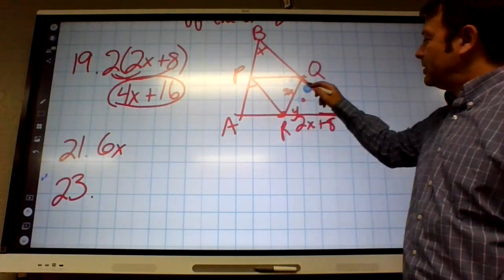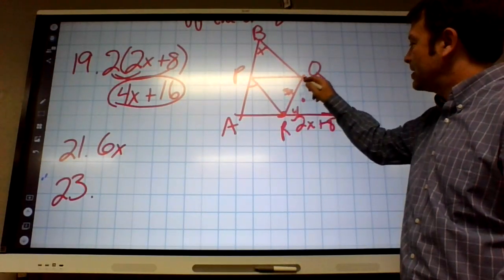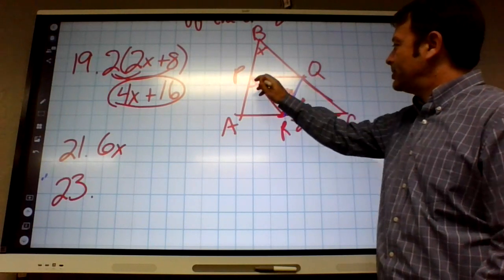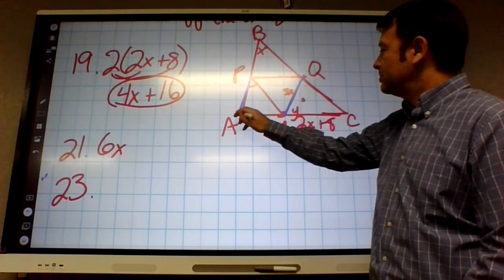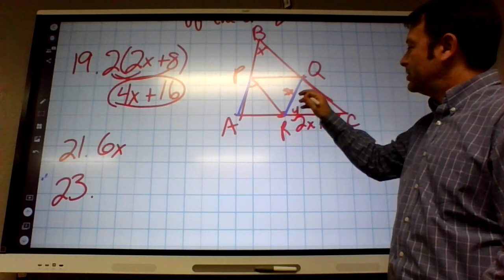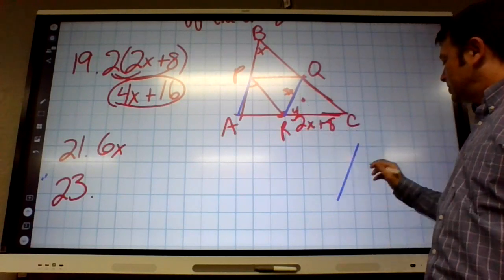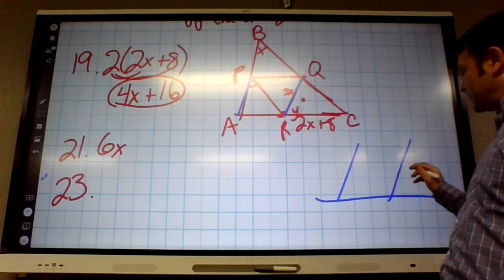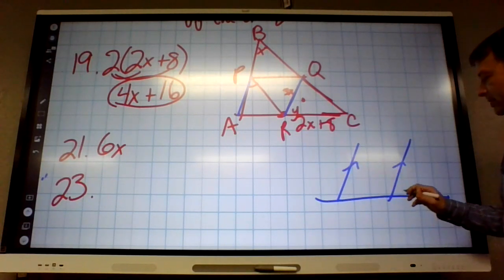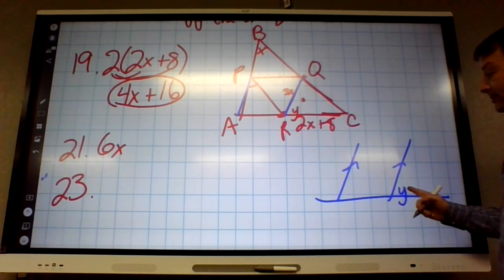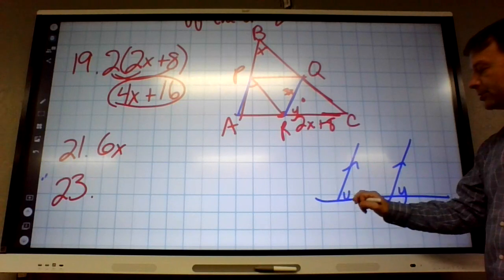So if this line is parallel to this line, and here's the transversal, this angle must be the same as that angle. Corresponding angles, right?